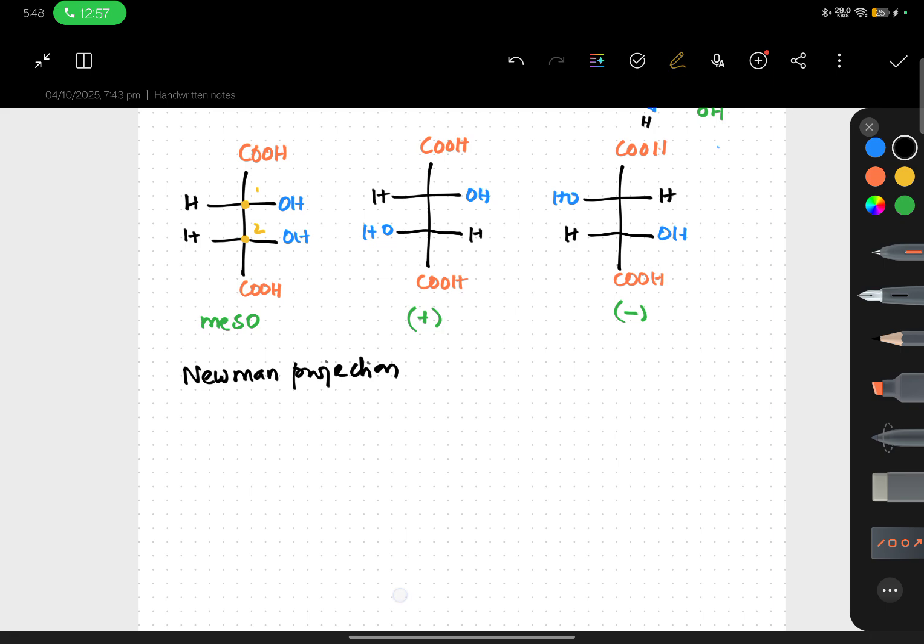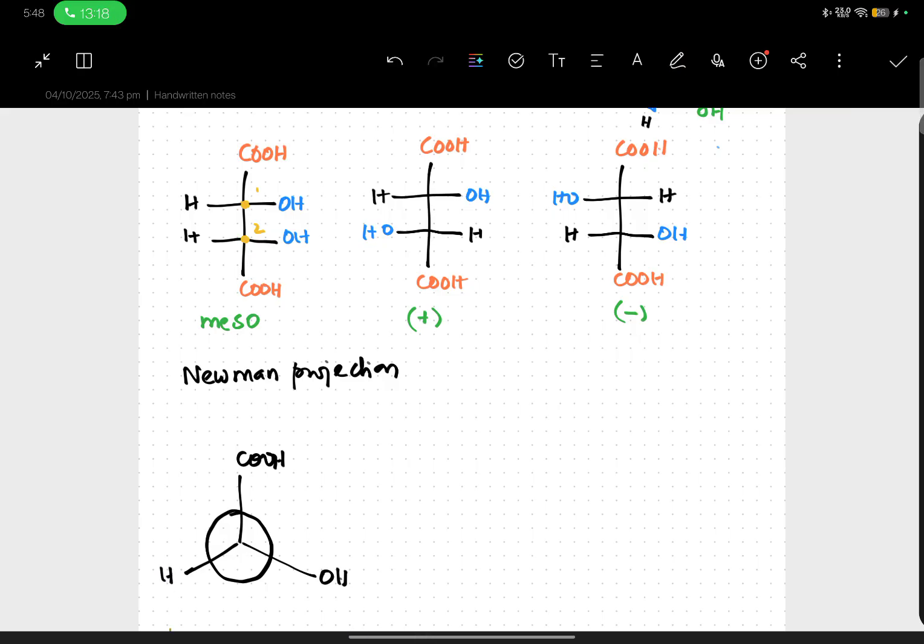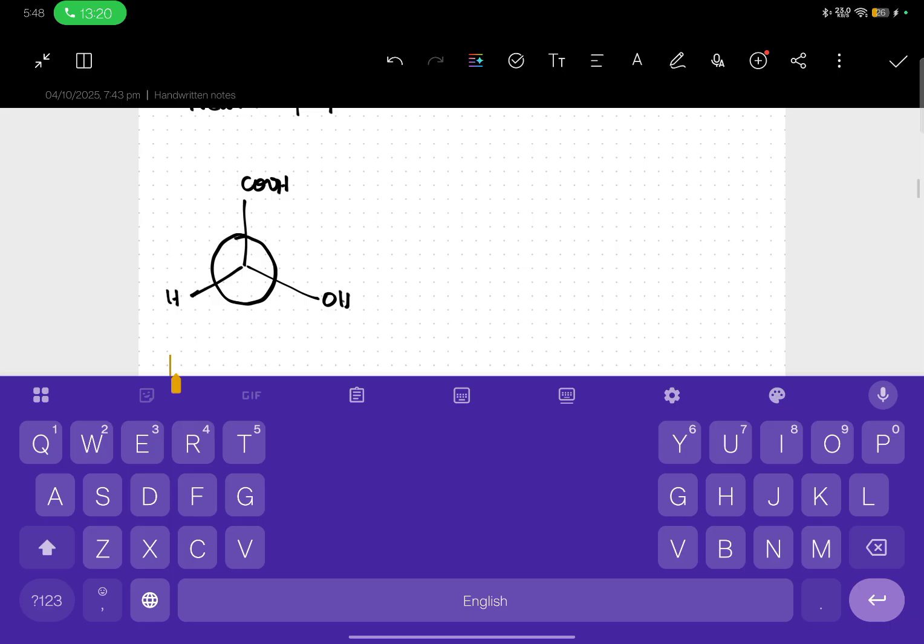So the front carbon I will draw like this. Because the back carbon you cannot see, because the front carbon actually blocks the view of it. So COOH, OH. So again, the second carbon will be like this.